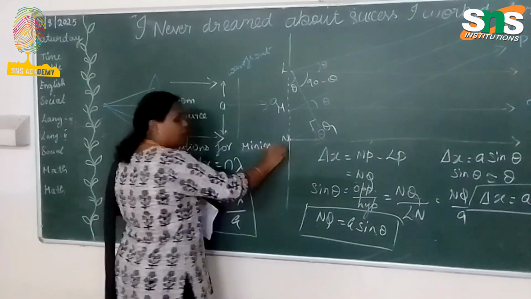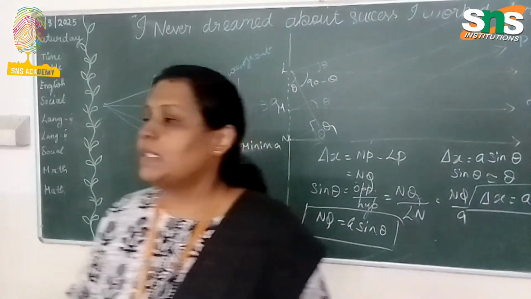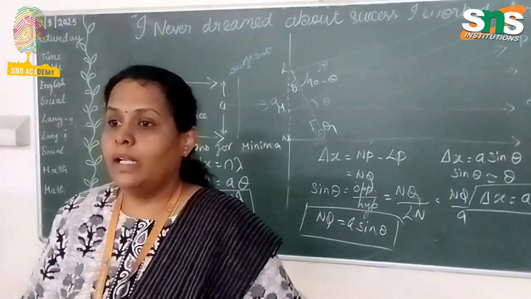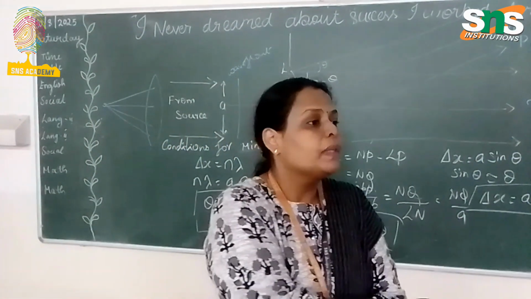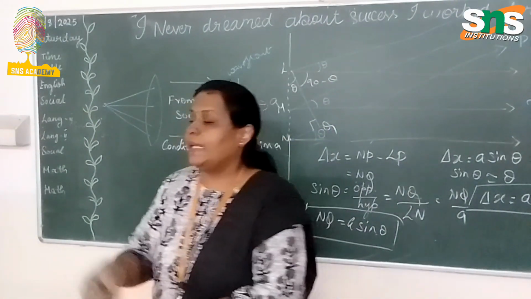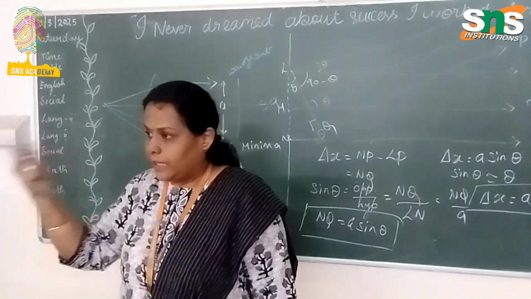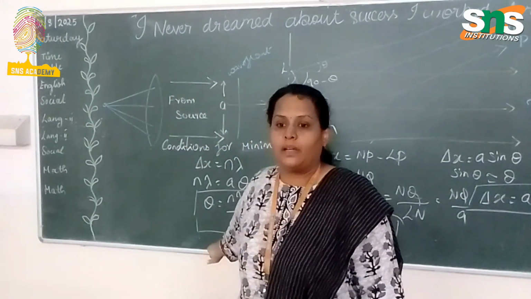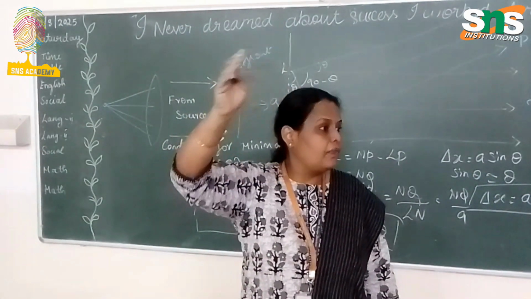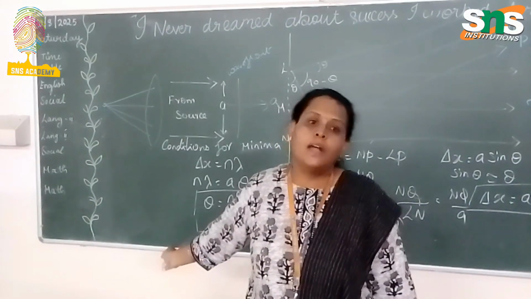The equations for constructive interference and destructive interference will reciprocate themselves in case of interference and diffraction. Whatever equation you are dealing with for constructive interference in case of interference will be here for destructive interference. The equation for destructive interference in case of interference will be the case of constructive interference in case of diffraction.